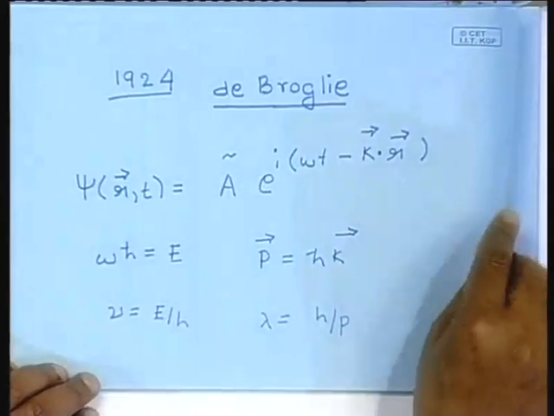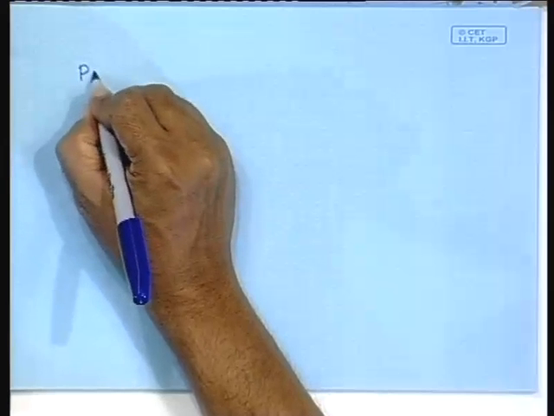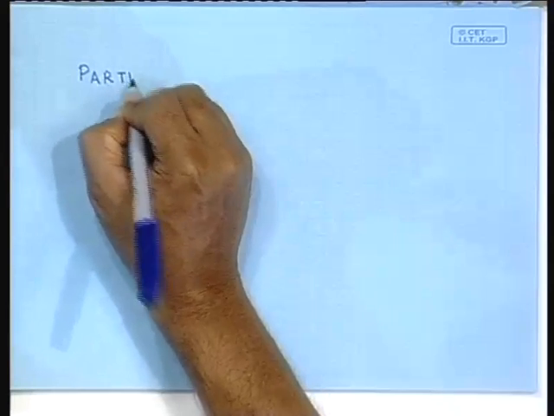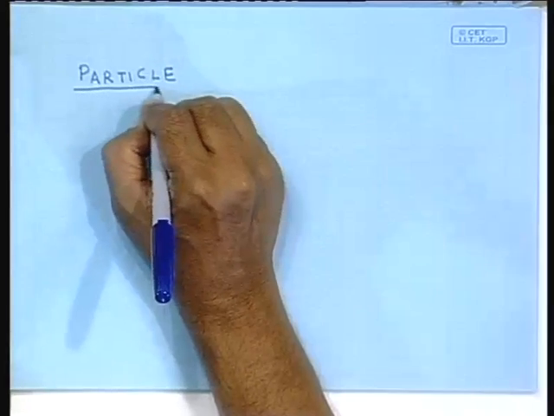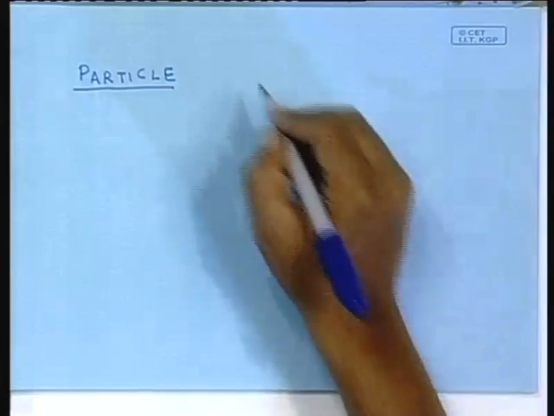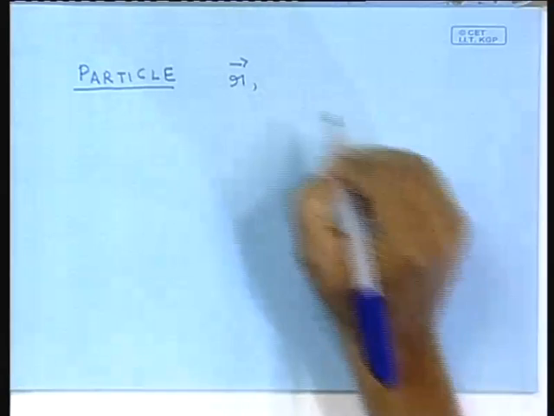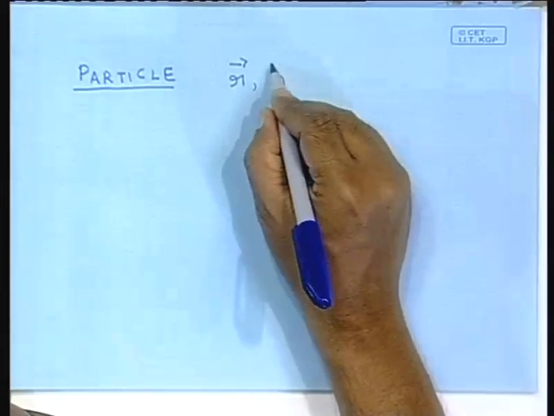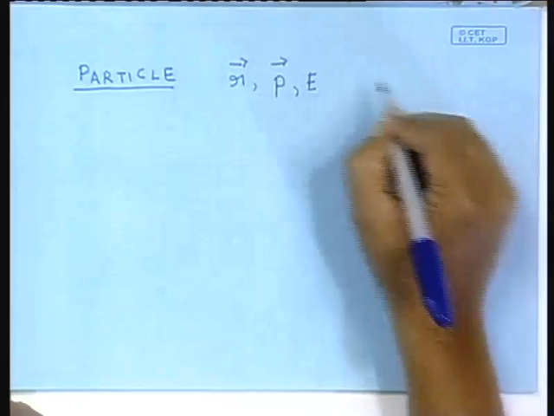When we talk of a particle, whenever we talk of a particle, the position of the particle, its momentum, its energy, all of these are very well defined quantities at any given time.